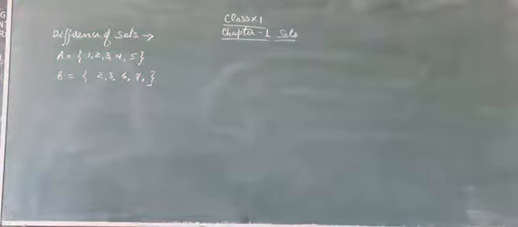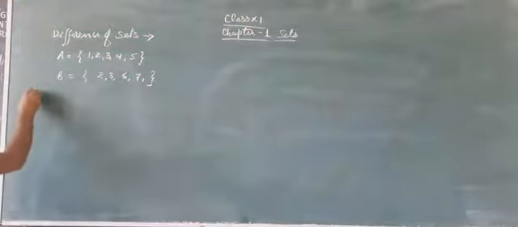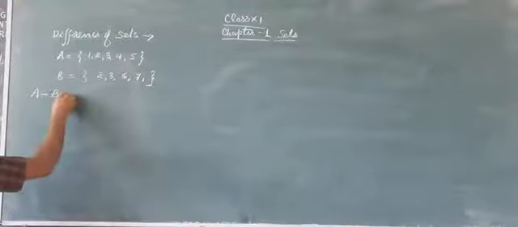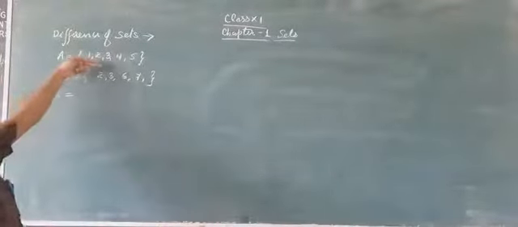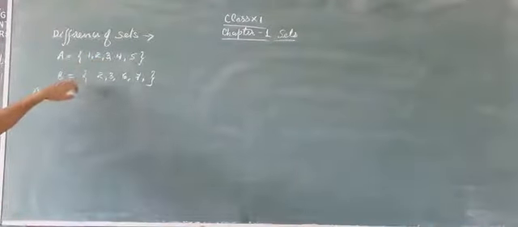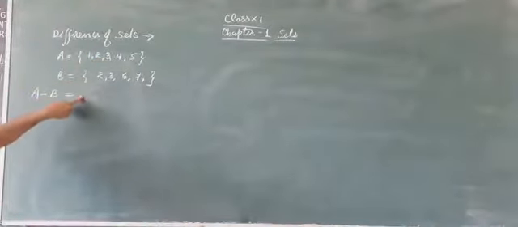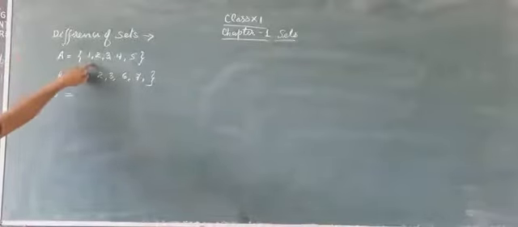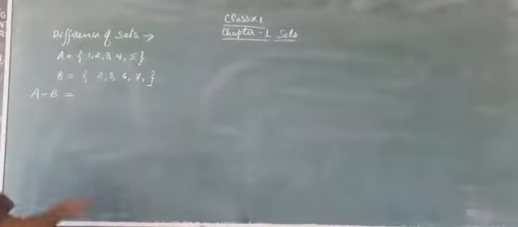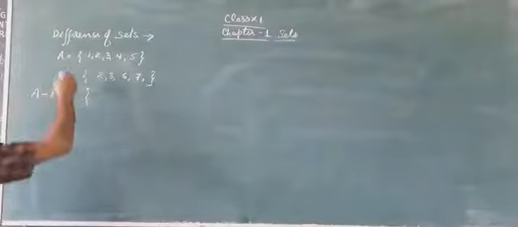So the difference of sets is, suppose A minus B. So the elements of A which do not lie in B, we will write the set of the elements which do not lie in B. In other way, we can subtract the elements.